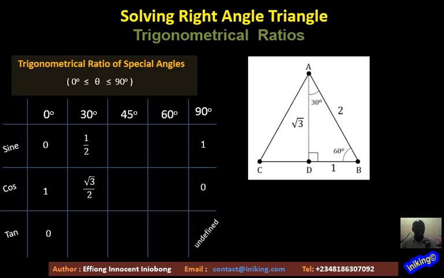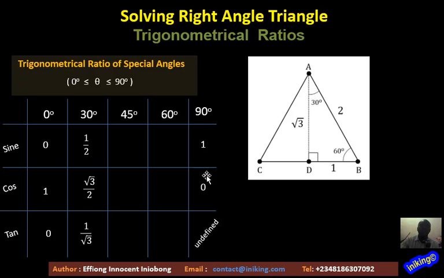And then the tan will be what? Opposite, which is 1, all over what? Adjacent, which is root 3. And that's it for 30. Sine 30 is 1 over 2. Cos 30 is root 3 over 2. Tan 30 is 1 all over root 3.